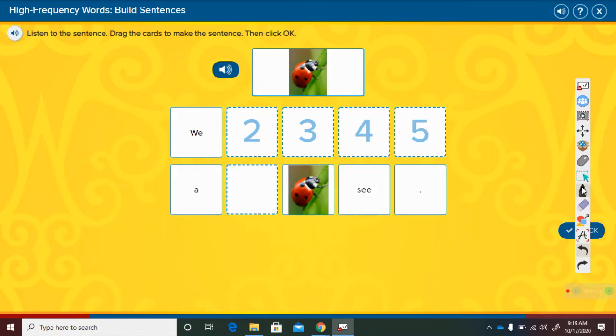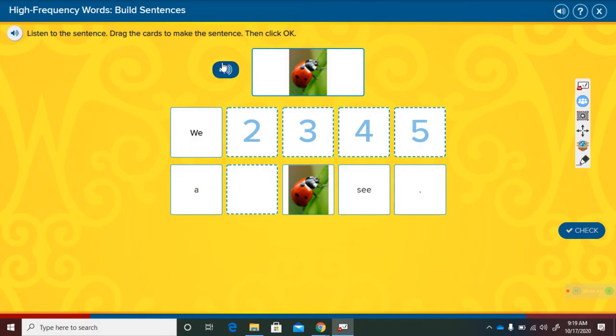So we can be written either like this, with the uppercase W and the E, or we can be written like this, with the lowercase w and the e. It can be written either way, so they're both correct, depending on where they are in the sentence.